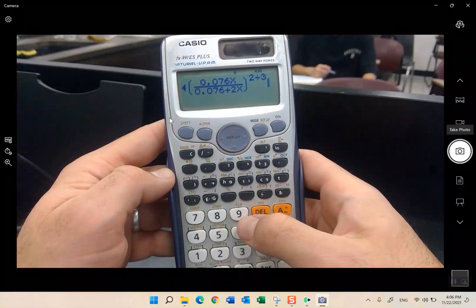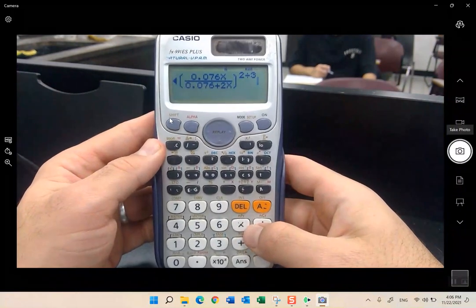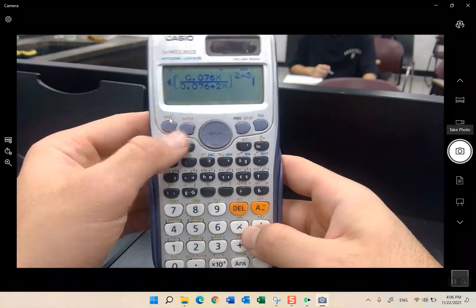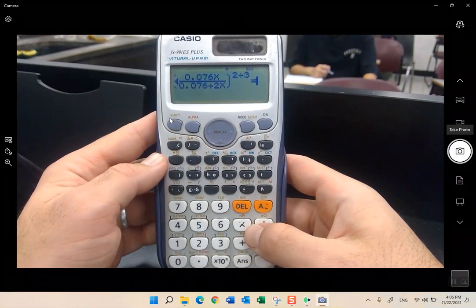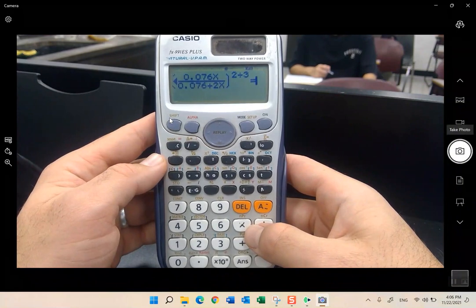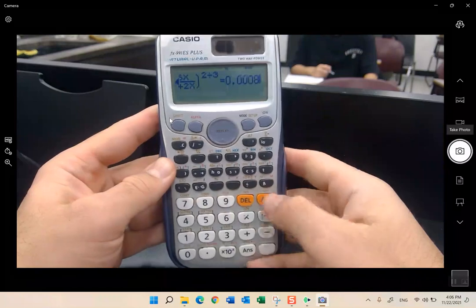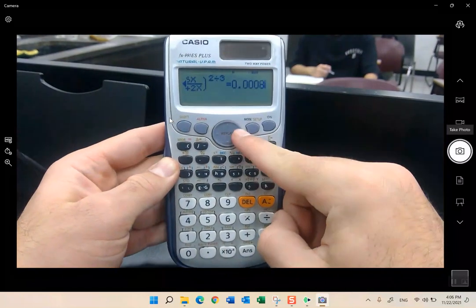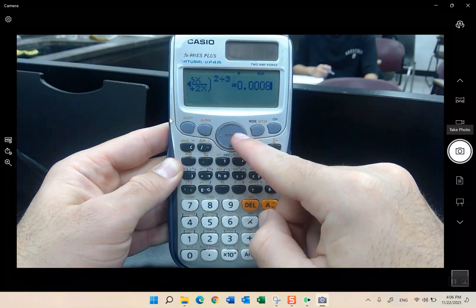And all of that should equal, and I will add the equal sign by pressing the alpha and this button here, 0.0008.